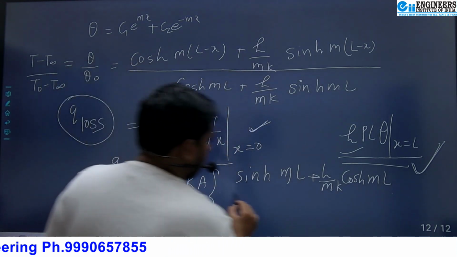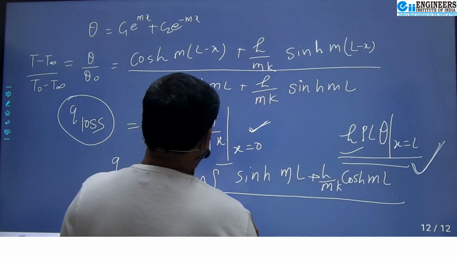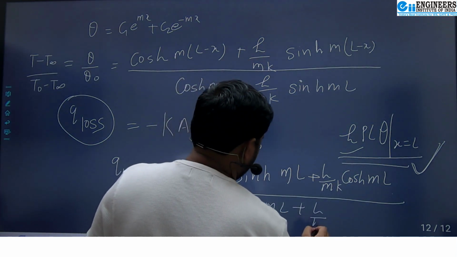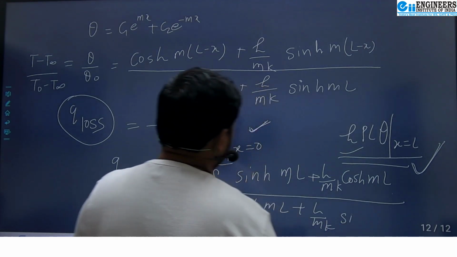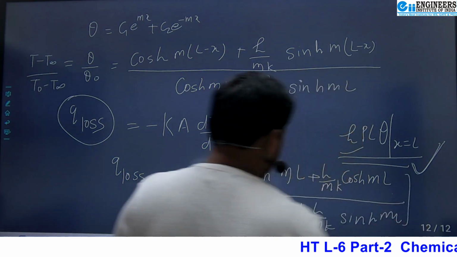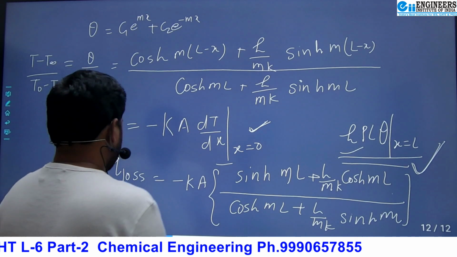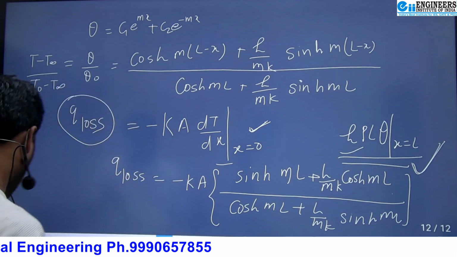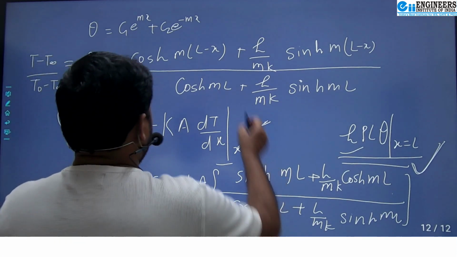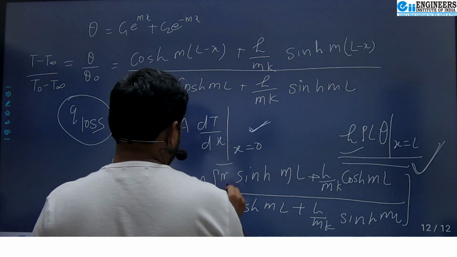And this particular denominator is cosh mL plus h by mk sinh mL. This is our Q loss. Now putting this value of Ka, whenever you differentiate, m is multiplying inside, so it will come outside, and you will get it like this.